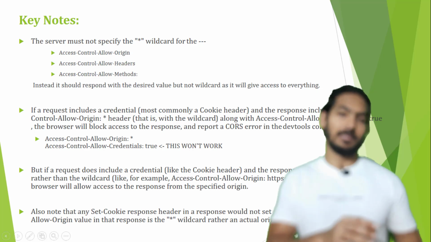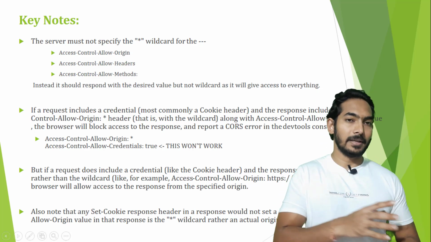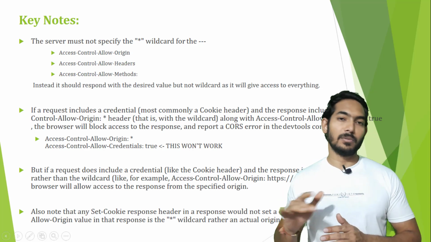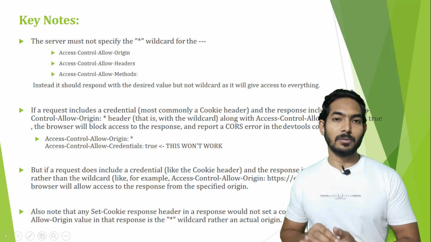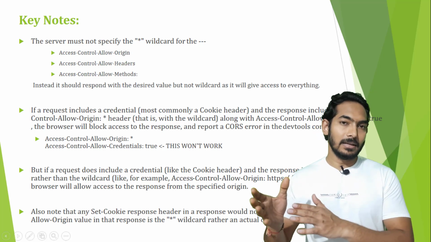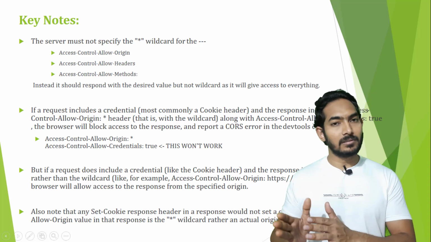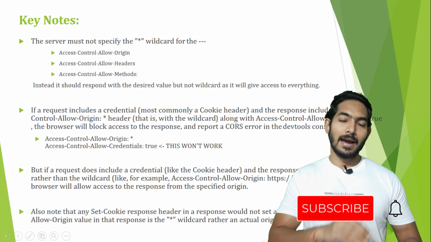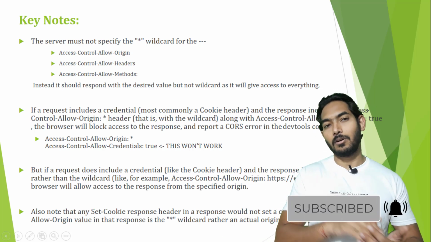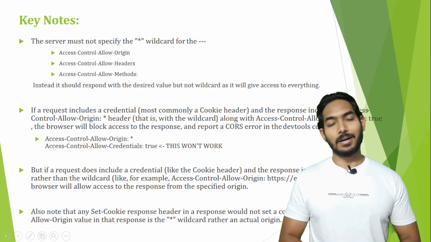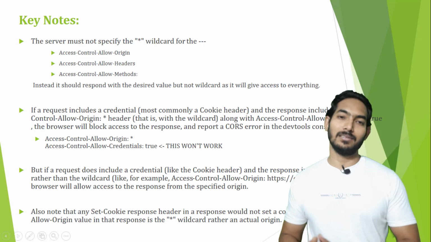So if the server is configured to allow everything, usually a developer will provide an asterisk mark there, and this is nothing but a wildcard. It confirms that the server is allowing any other site to access its resources, and this is something a developer should never use in a web application, because it will give access to everything.